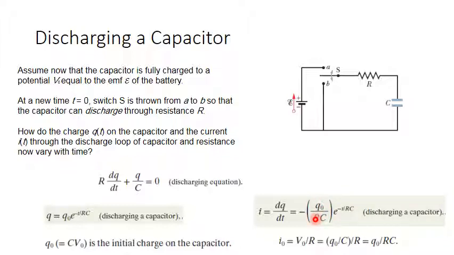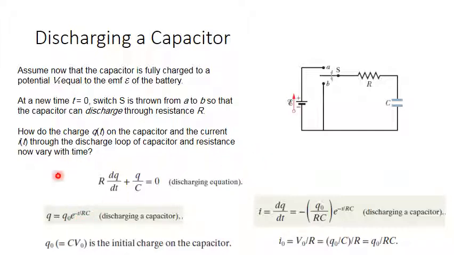Okay? So the initial current would be V naught over R, and it decreases exponentially until it reaches 0. Similarly, if I'm talking about the potential, it would be Q over C. So the potential will start from V naught and it will decay exponentially by a factor e to the power minus t over RC.